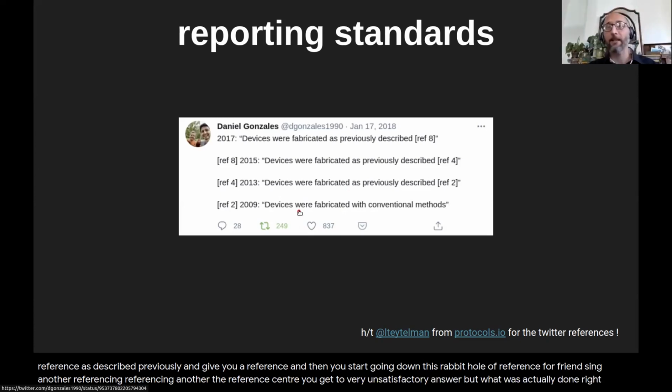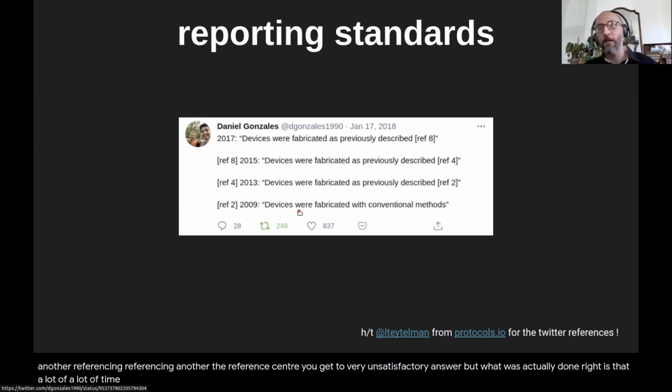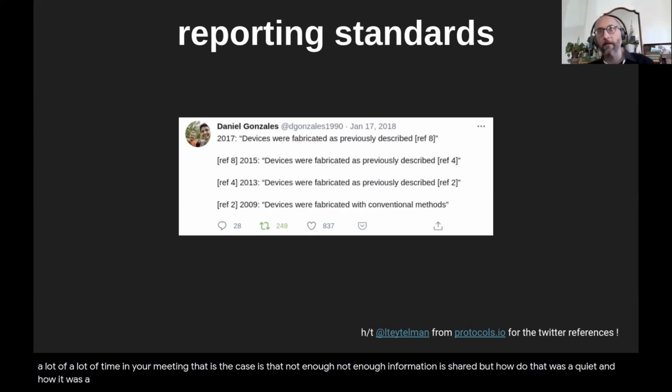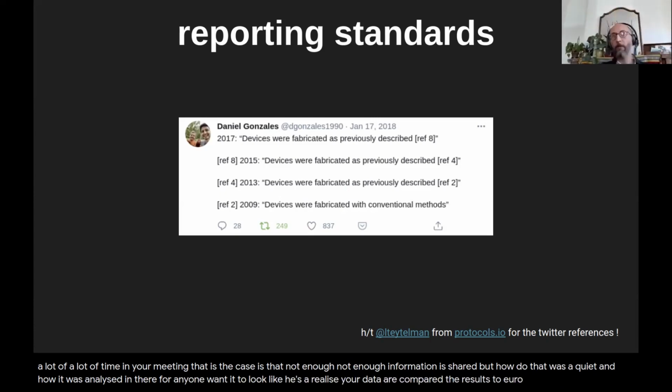A lot of the time in neuroimaging, that's especially the case, not enough information is shared about how the data was acquired and how it was analyzed. And therefore, anyone wanting to either reanalyze your data or compare their results to your own is going to have a very hard time doing that because they don't know what you did.